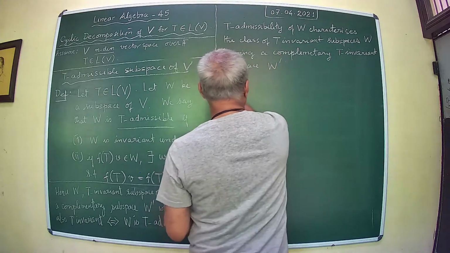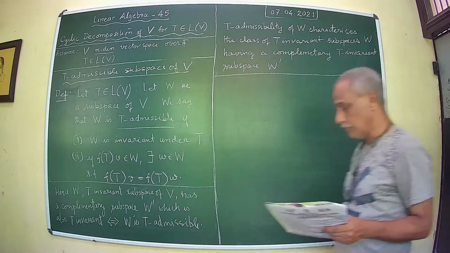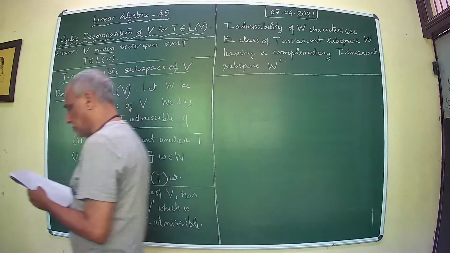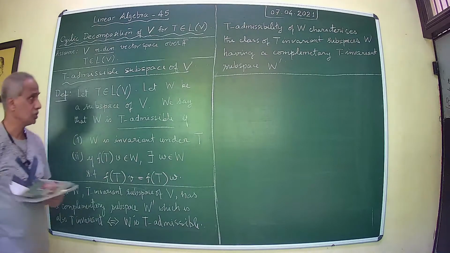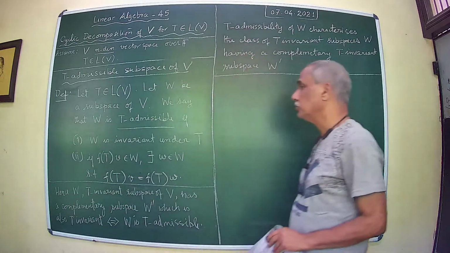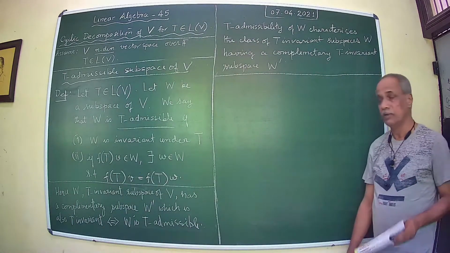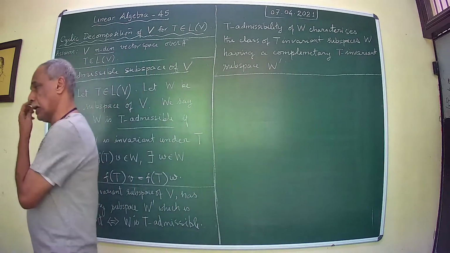We have made the existence of such a pair W and W prime a bit more transparent. Okay, so it has been condensed into the concept of what's called T-admissible, W being admissible.